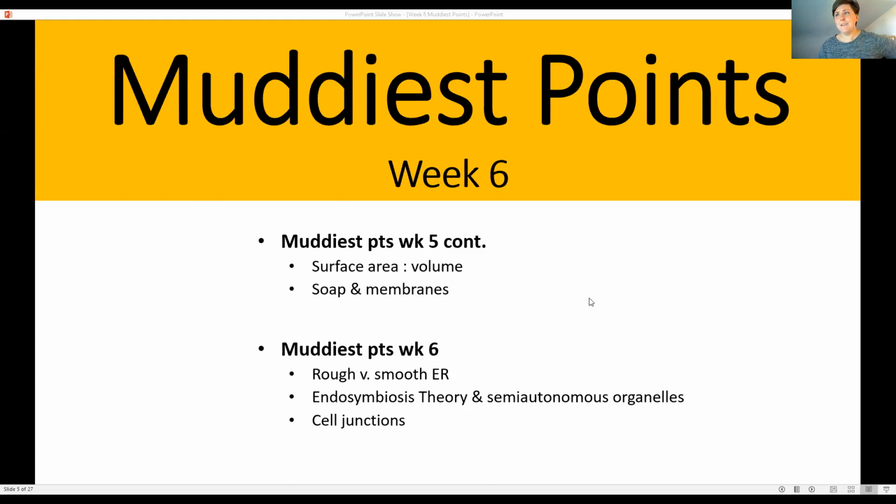All right, let's get into some muddy points. Overall, when I was looking through the muddiest points, everybody seemed to have a pretty good understanding of organelle function in general, which made me happy. They're not super difficult to understand. There were some really good questions about some of the most confusing things.